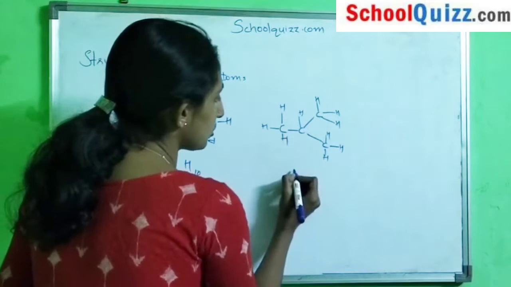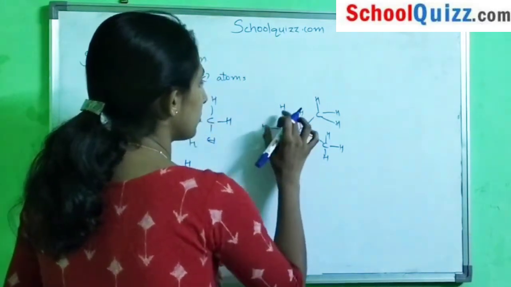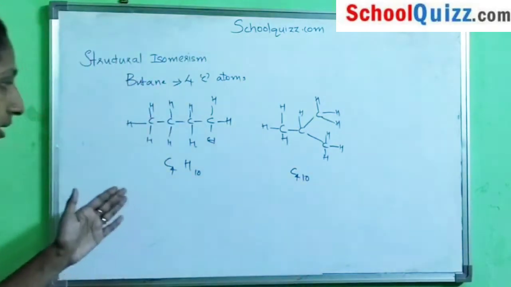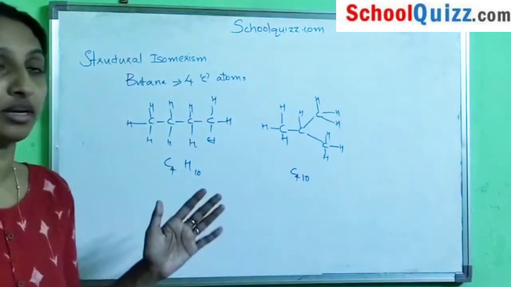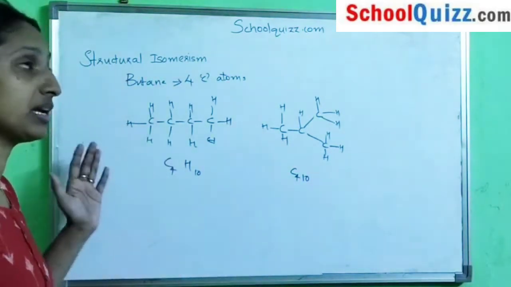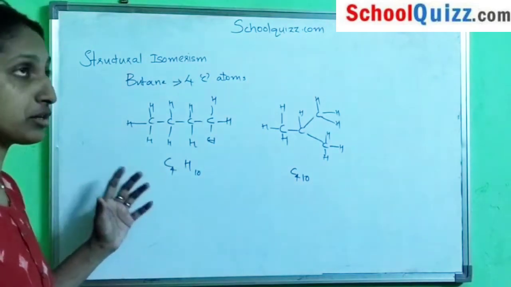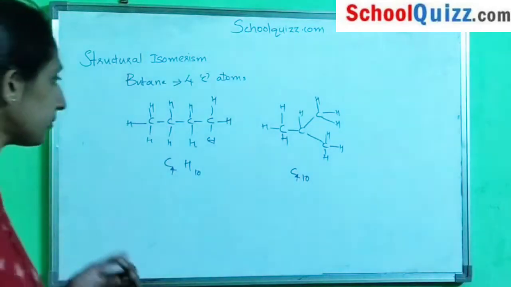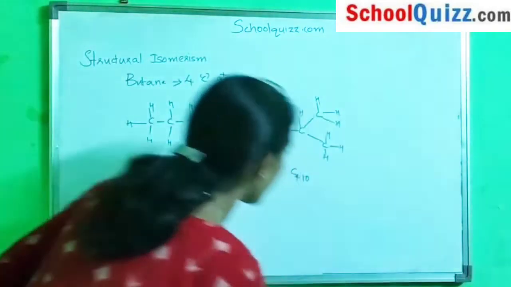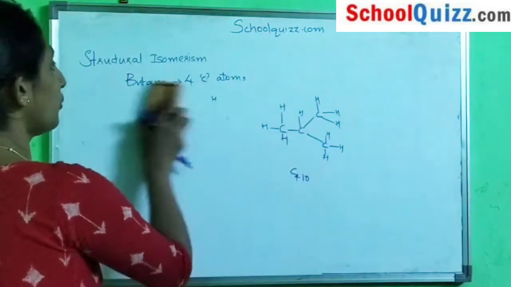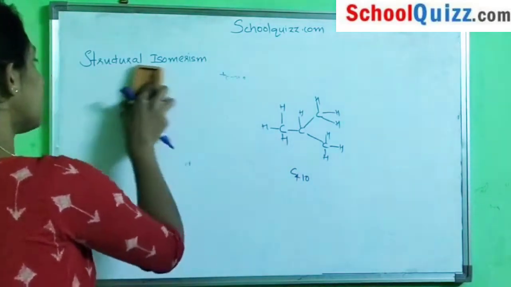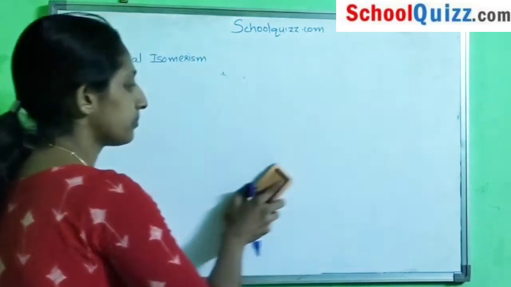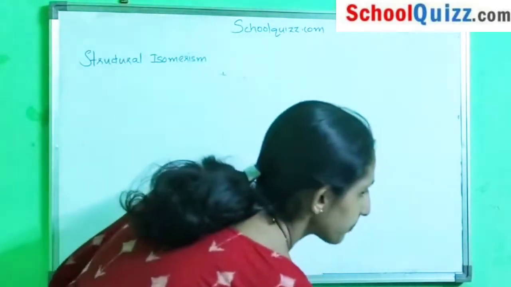So here also the formula is C4H10. So look at these. Both have a similar molecular formula, but they differ in their structure. This type of isomerism is known as structural isomerism. And this is an often asked question in examinations, that is, write the structural isomers of any organic compound.